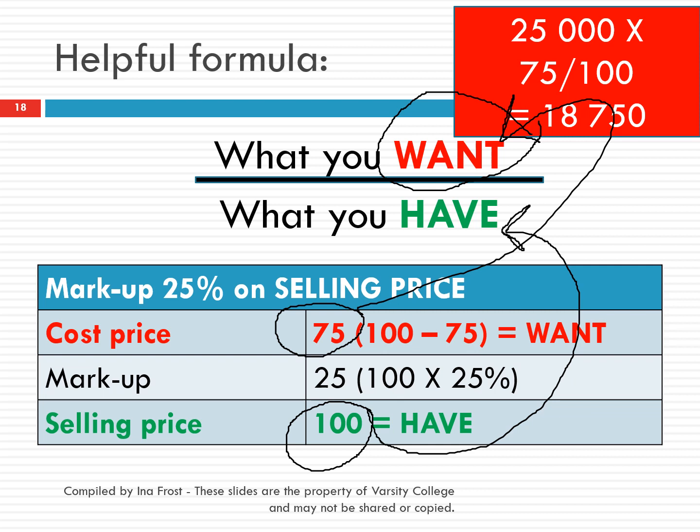So there it is up in the right hand corner of your screen now, 25,000 rands, which was the selling price, times what we want, 75, divided by what we have, 100, and we get the same answer as before, 18,750 rands.